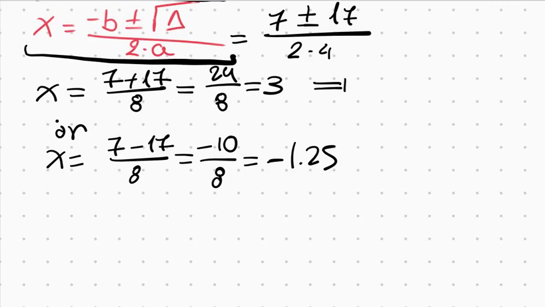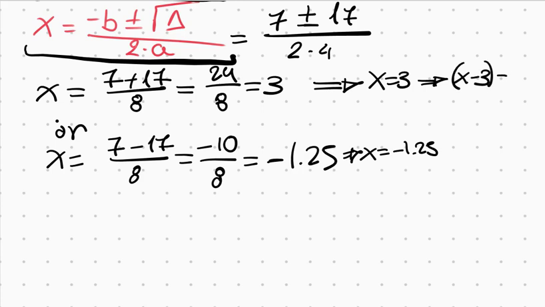you can take these values and say x equals 3 and x equals minus 1.25, and you can tweak it a little bit and say, okay, I can write it like x minus 3 equals 0, or x plus 1.25 equals 0.